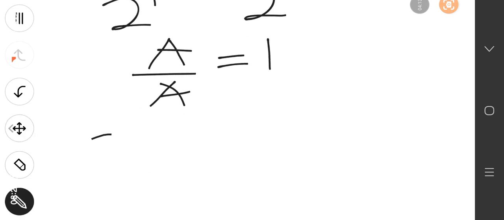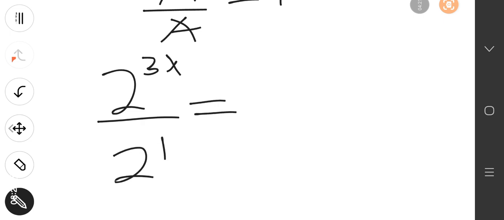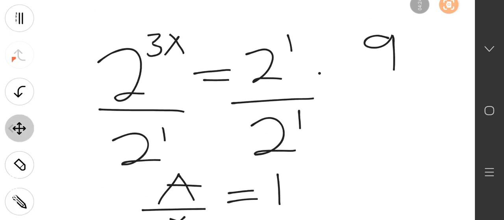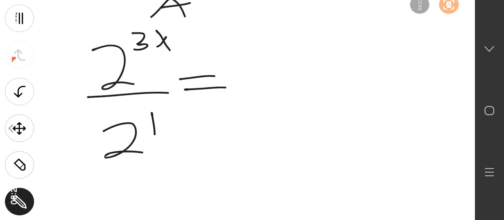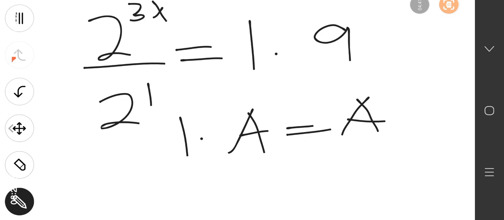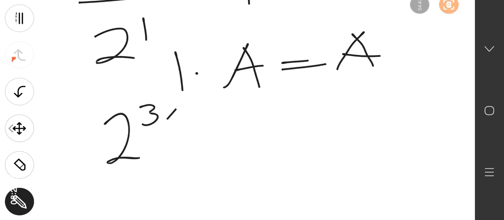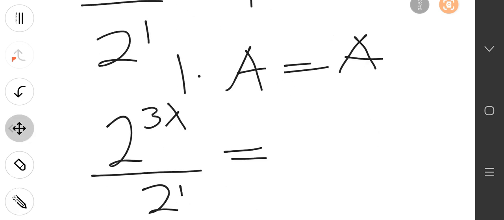So we are going to have 2 exponent 3x over 2 exponent 1 equals 1 times 9. Now, you know that 1 multiplied by anything is the thing itself. So 1 times a is a. So you're going to have 2 exponent 3x over 2 exponent 1 equals, now 1 times 9 is 9.